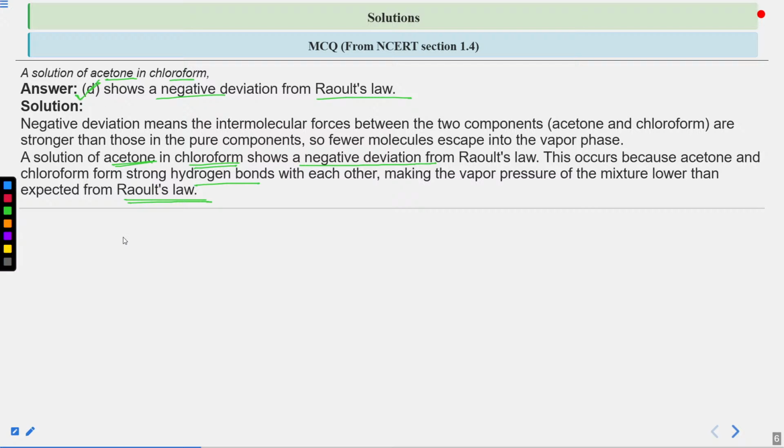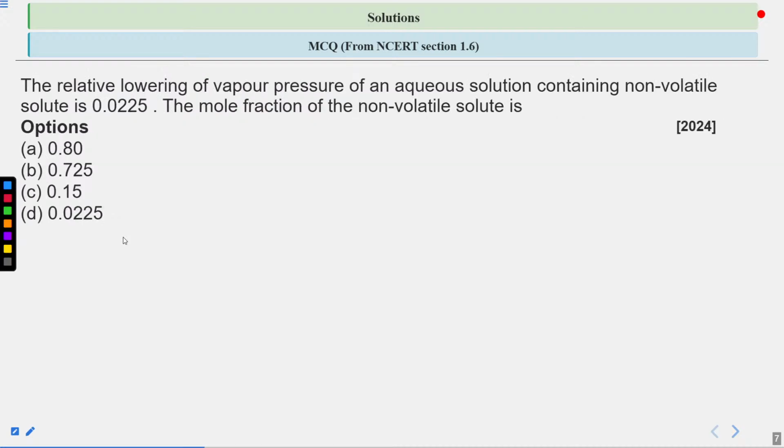Okay, moving on to the next one. This is an MCQ type question, and it is covered under section 1.6 of the NCERT textbook in the solutions chapter. The question asks: the relative lowering of vapor pressure of an aqueous solution containing a non-volatile solute is 0.0225. The mole fraction of the non-volatile solute is?